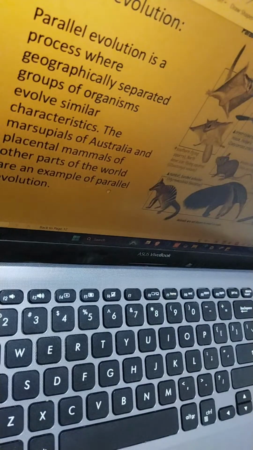The marsupials of Australia and the placental mammals of other parts of the world are an example of parallel evolution. So, what is the example of parallel evolution?